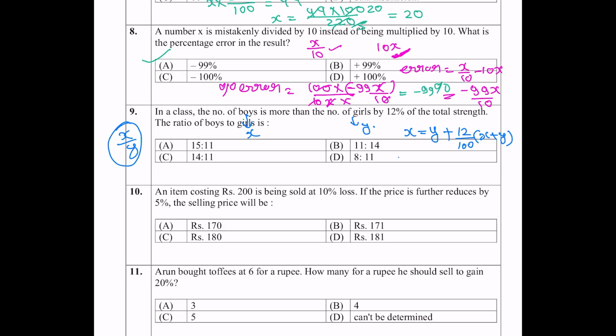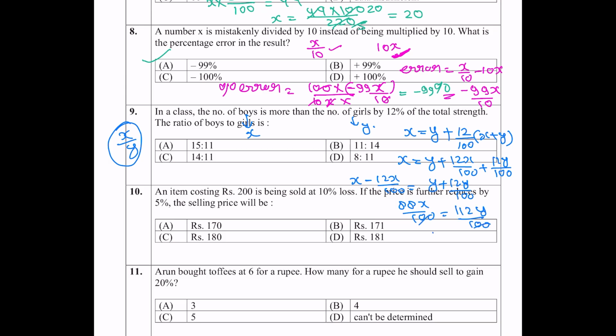So we can write here x is equal to y plus 12x by 100 plus 12y by 100. So here if we transfer on this side, x minus 12x by 100 equals y plus 12y by 100. So after simplifying this we can write 88x by 100 and this one is 112y upon 100.